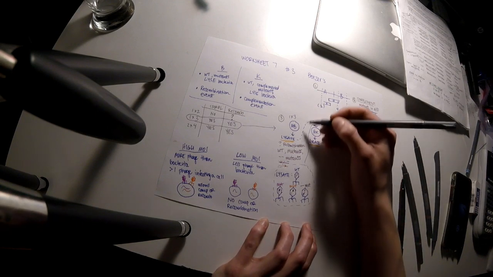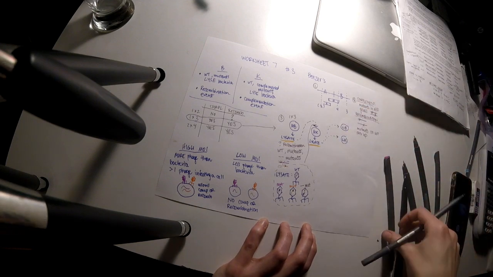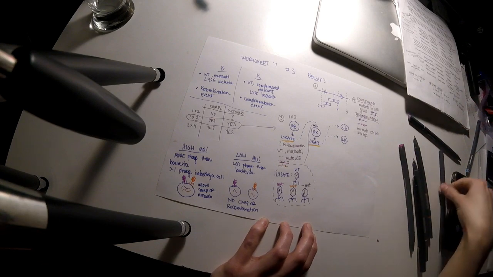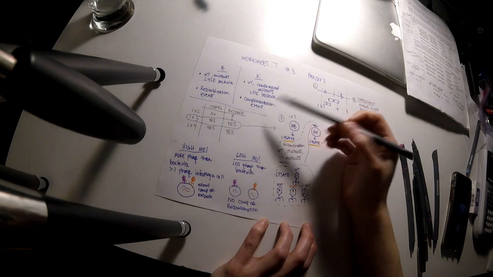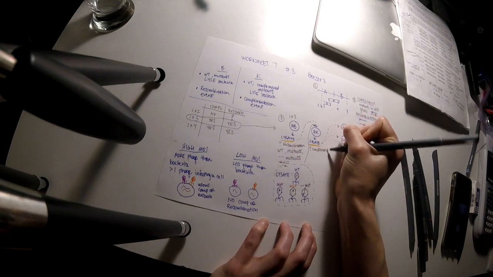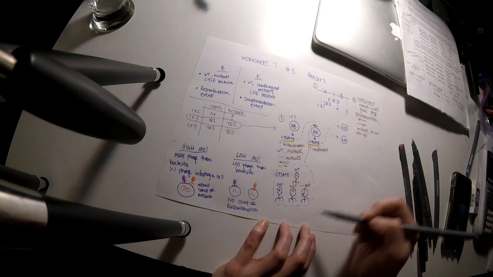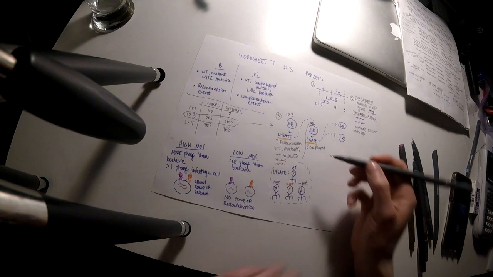And so now this lysate is getting plated high on K. So here we have to say, okay, we're plating high on K, which means we're allowing complementation to occur. So the question is, can we complement with what is in our lysate?